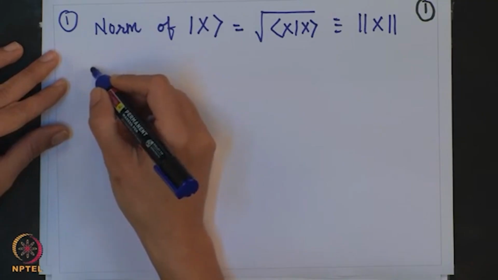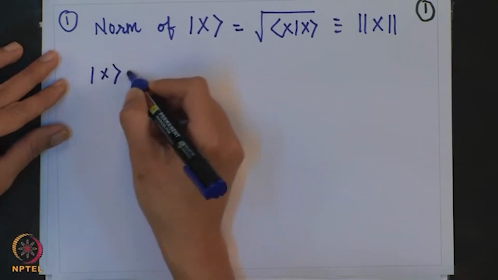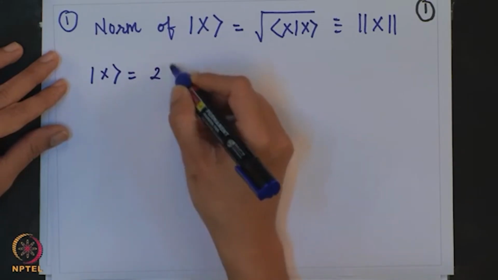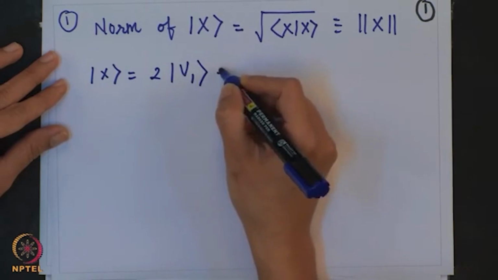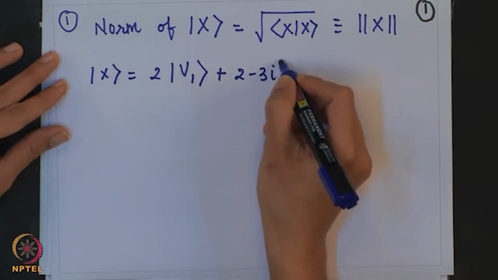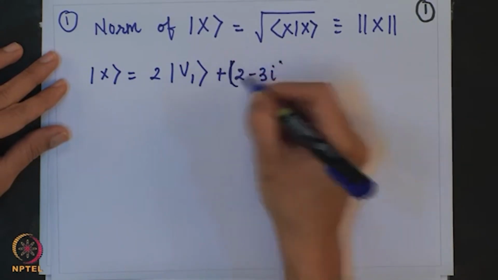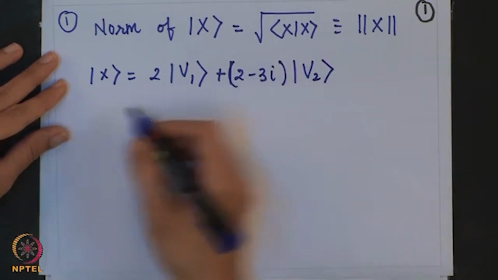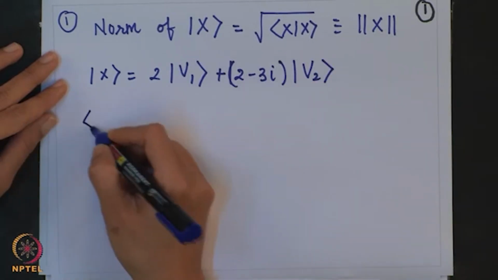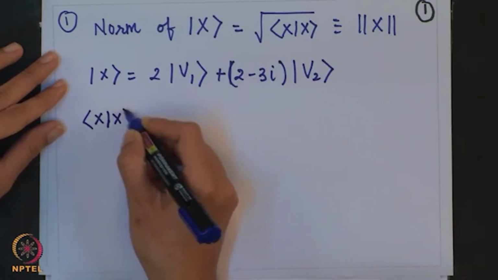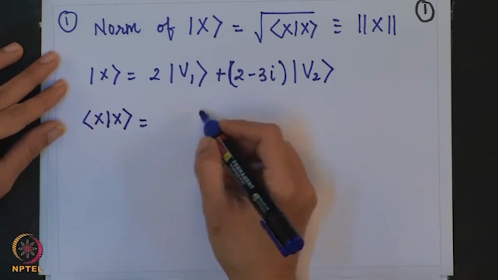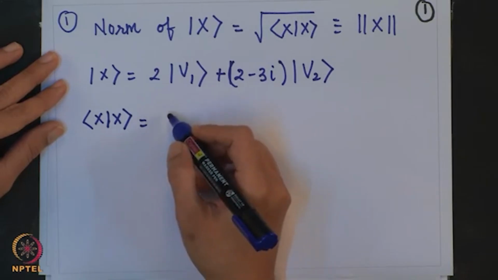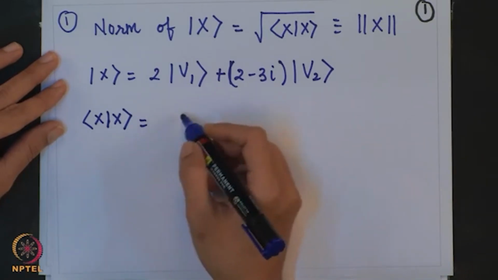We know that x in terms of the normalized eigenkets v1 and v2 is 2v1 plus (2 minus 3i) v2. To evaluate this, we will start by doing <x|x>. This is just one example to illustrate. I will solve this completely, and for the others I will not give the in-between steps.